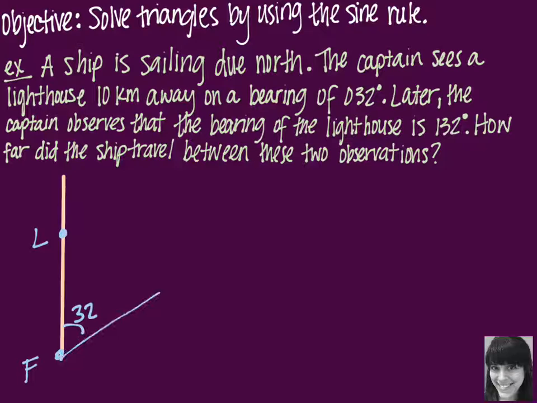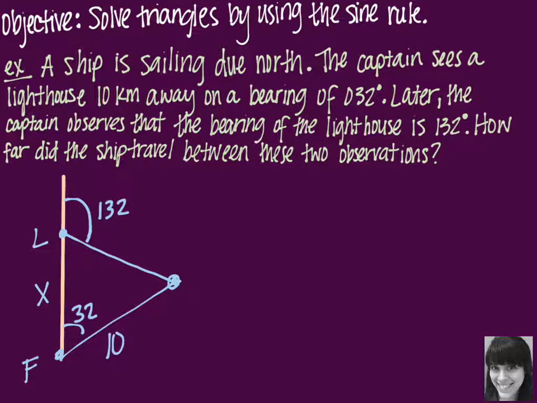Let's make that a little bit smaller. So 10, and then at the last sighting, it was at 132. Let's go down a little. There we go. And we want to know how far the ship traveled between the first and the last sighting, so we're going to put x there.